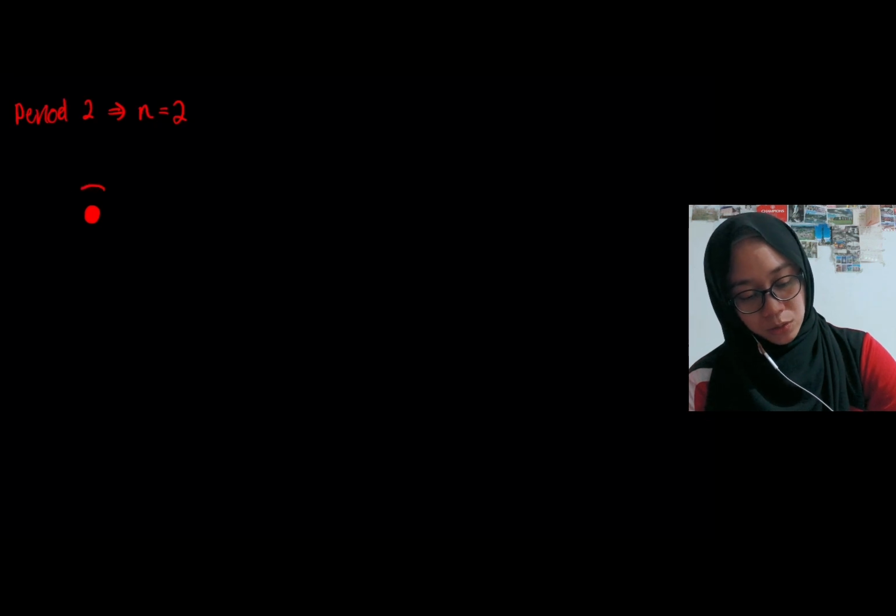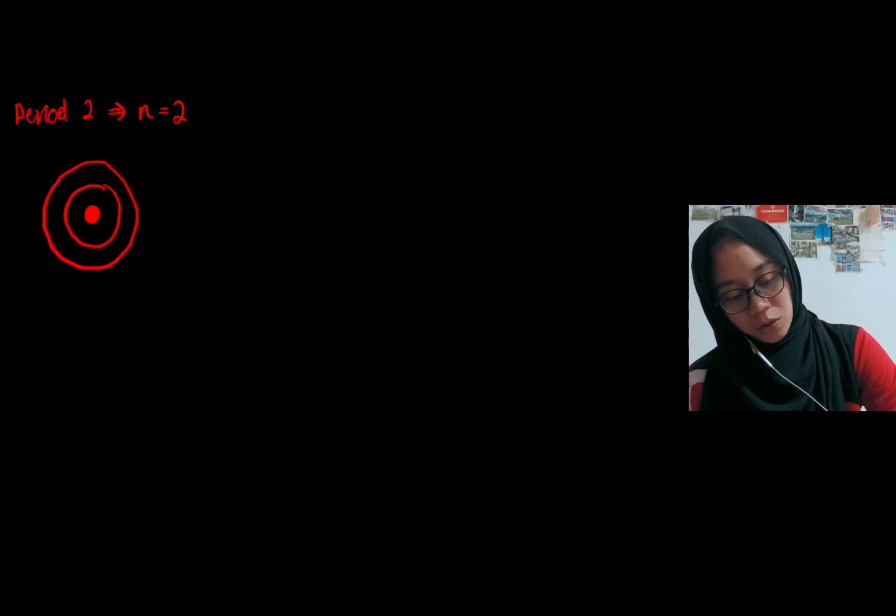Okay, so let's say Miss ambil contoh atom yang berada di dalam period 2. Period 2 bermaksud n dia adalah equals to 2 kan. So dia ada 2 shell. So kalau Miss guna balik konsep yang orbit yang kamu belajar kat sekolah dulu, so macam ni lah, dia ada 2 shell macam ni. Okay, so n equals to 2 ni adalah outermost shell.